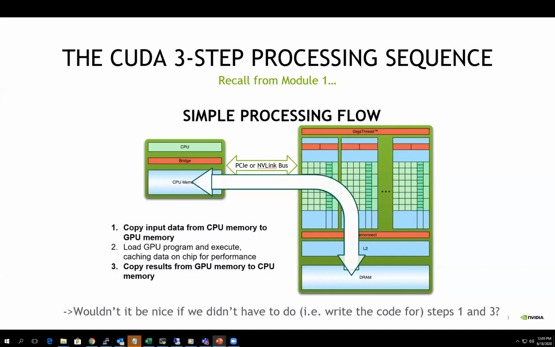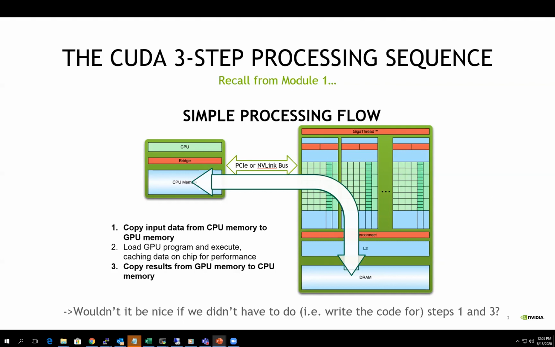The first step is to copy the data to the GPU. The second step is to run your program, your CUDA kernel on the GPU to process that data. And the third step is to copy the results back from the GPU to the CPU. This is pretty much true no matter how you're using a GPU if you're using it for computation tasks. That's always going to be present.